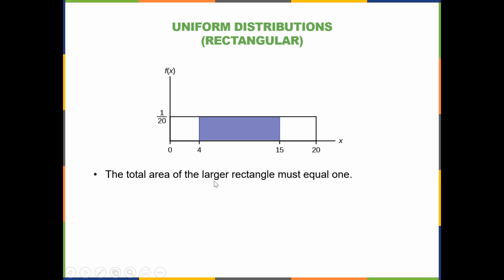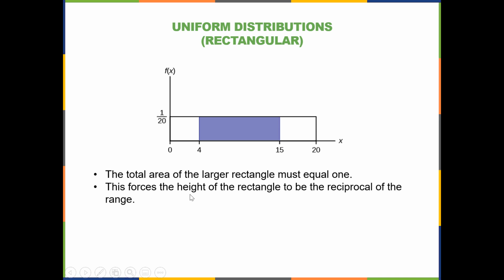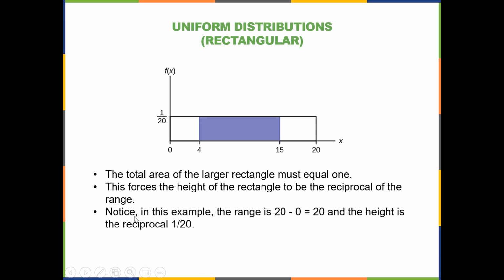Total area of any uniform distribution's larger rectangle must equal 1. This forces the height of the rectangle to be the reciprocal of the range. So notice in this example, the range is the maximum 20 minus the minimum 0, giving us a distance of 20 as the base of the rectangle.